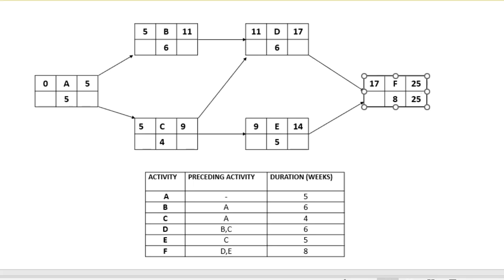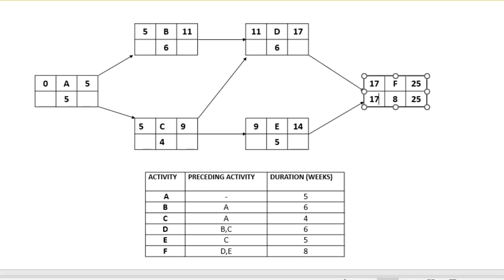So to find the latest start time is to take the duration from the latest finish time. So for F, the duration is 8. Take that away from the latest finish time. 25 minus 8 gives you 17, and that's how you'll end up with 17 being the latest start time.